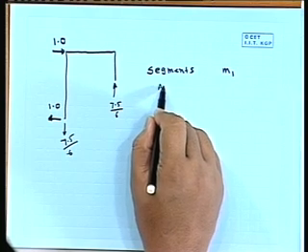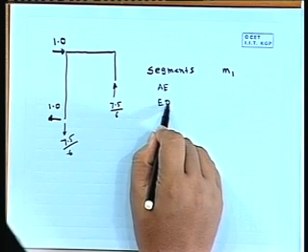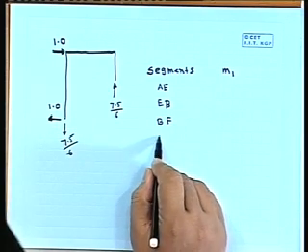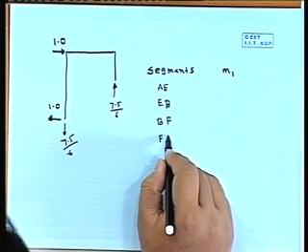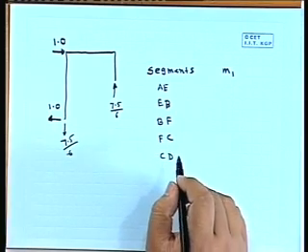Now, we will follow the same segments: AE, EB, BF, FC and CD.